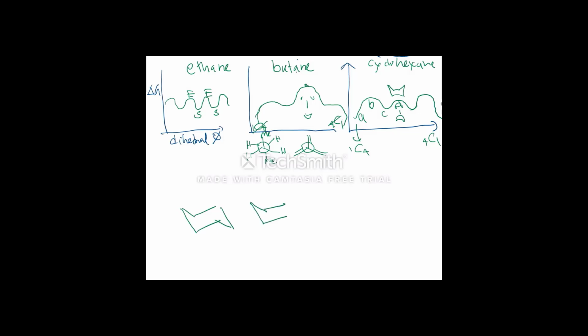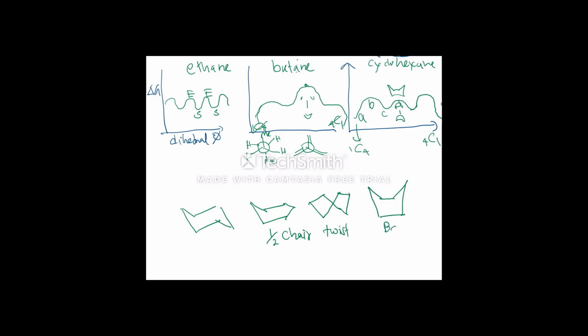Let's talk about the angry monster. You start with the 1C4 chair, and then you have a half-chair, which has the highest energy. Then you have something called the twist boat, which has medium energy, and then you have the head of the monster, the boat.